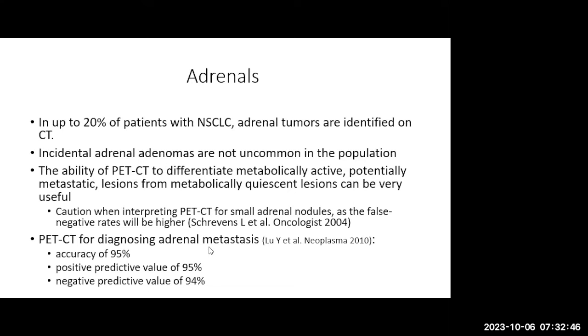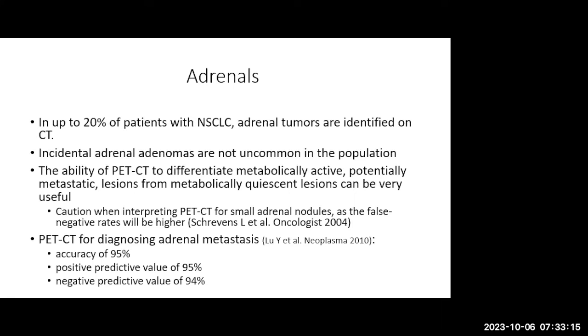In terms of the adrenals in particular, in up to 20% of patients with non-small cell lung cancer, adrenal tumors are identified on a CT. And then we need to take into account those incidental adrenal adenomas, which are not uncommon and could also show increased FDG uptake, unfortunately. So sometimes it might be challenging to differentiate a metastasis from a benign lesion.